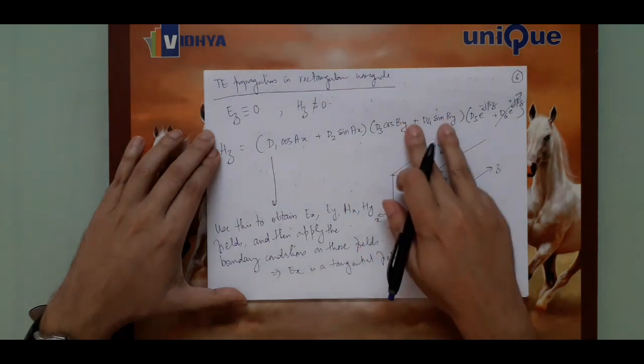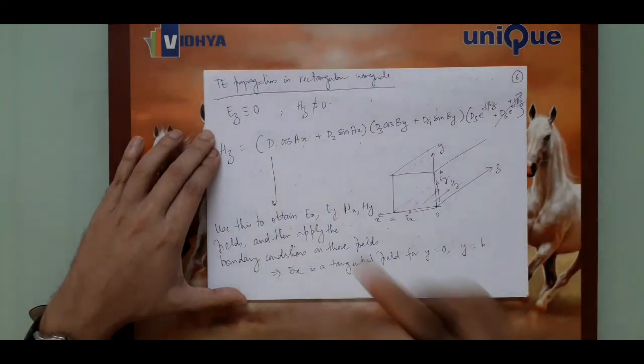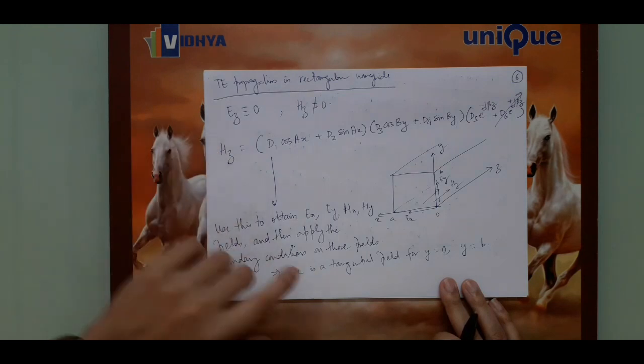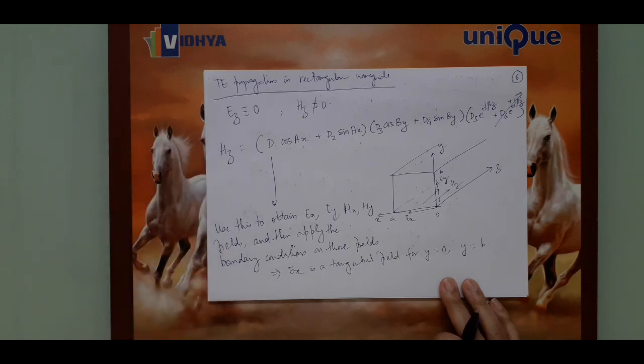So actually not this bracket for Hz, but rather the corresponding bracket which you will get for Ex. So what is that? Let's find it out. So let's go for Ex.